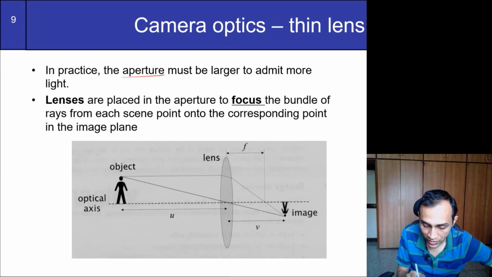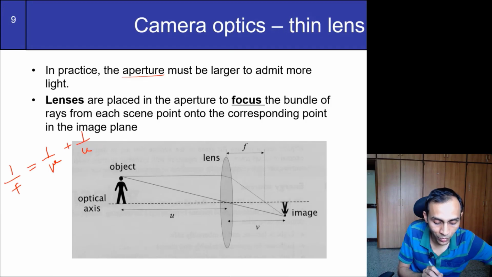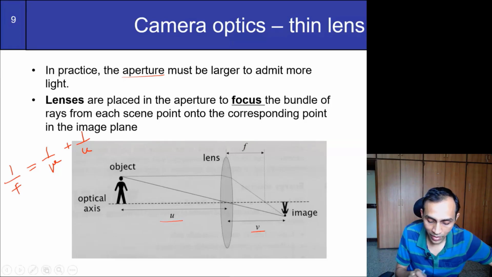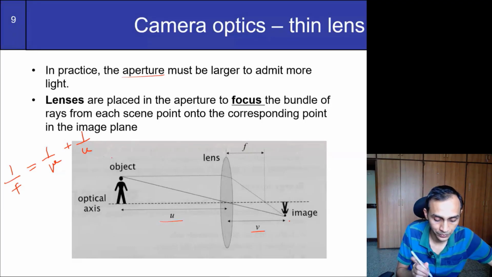Again, you can use similar triangles to derive the equations, and I hope you remember from your physics this equation: 1/f is equal to 1/v plus 1/u. That is the thin lens formula, and you can derive it again using similar triangles. Using u, v, and f, you can figure out the geometry and the coordinates, and from the real world scene to the image coordinates, you can use these equations to calculate those values.